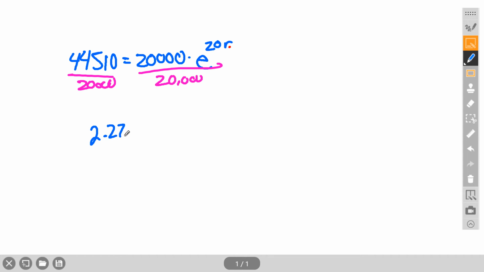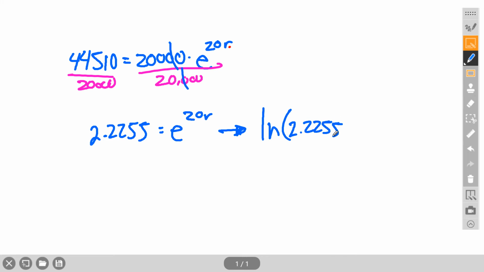That gives us 2.2255. That's equal to e to the 20 times R. We can now turn this into log form, which will allow us to get to the variable up here. So the natural log of 2.2255 is equal to 20 times R. And we can now solve this for R by dividing by 20.